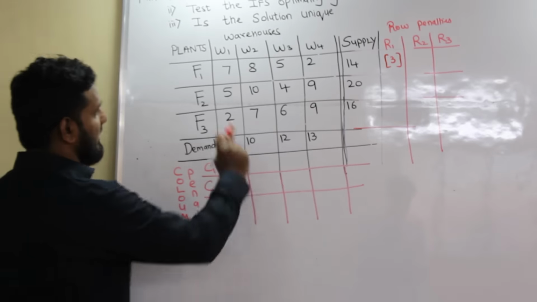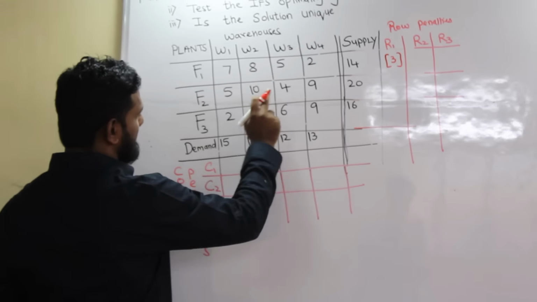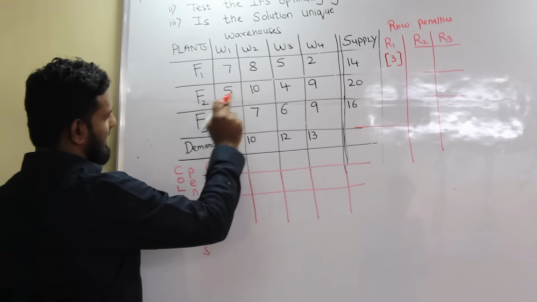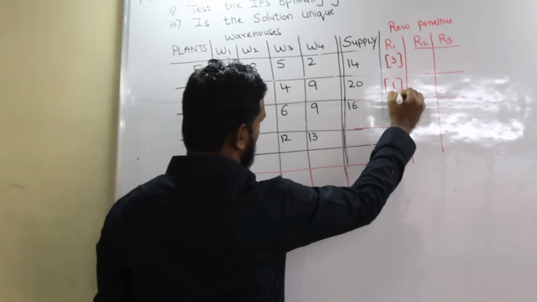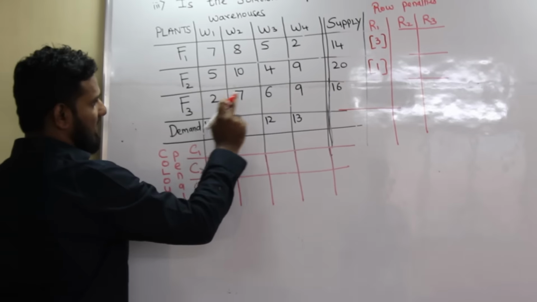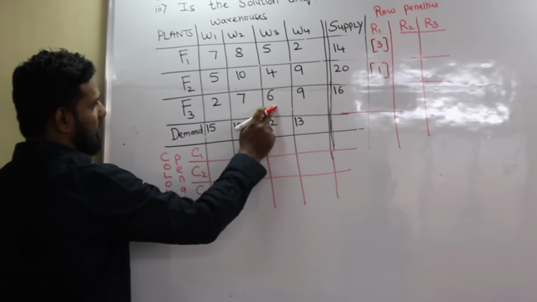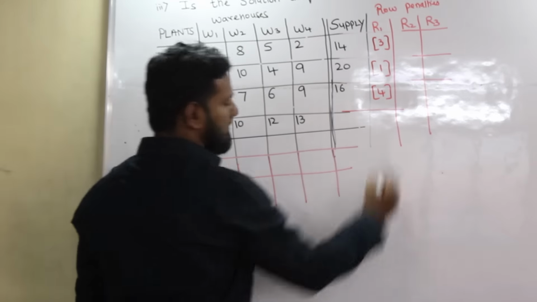Similarly, the next smallest number is 4, and the number bigger than 4 is 5. 5 minus 4 is 1. Next, the smallest number over here is 2 and the largest number here is 6. So 6 minus 2 will become 4.